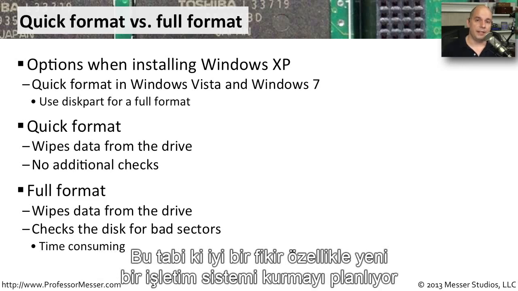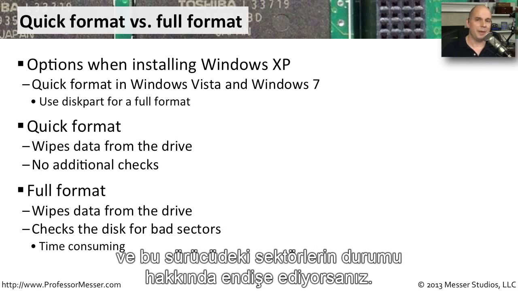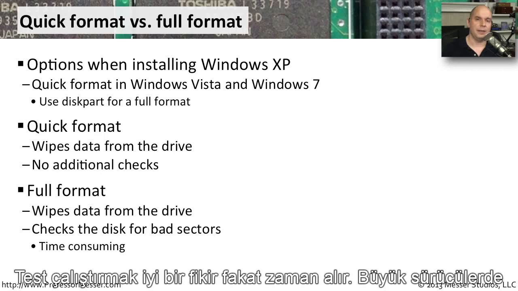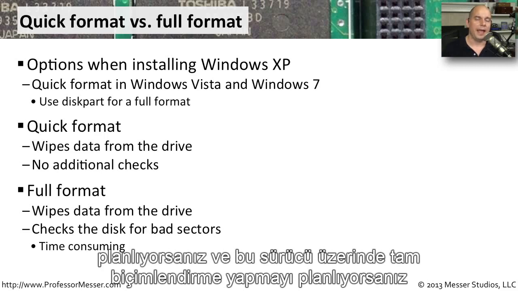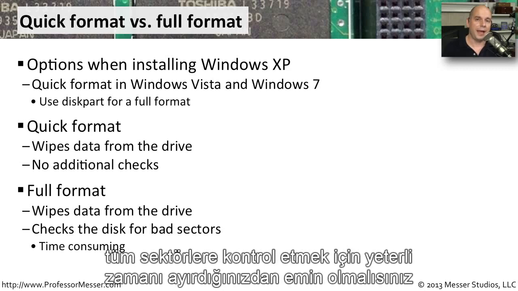This is obviously a good idea if you're planning to put an operating system and start storing files and you're concerned there may be sectors that aren't good on that drive. Running a test is a good idea, but it does take time, and the larger drives take a longer amount of time. So if you're planning to do a full format on that drive, make sure you allocate enough time to have it run through its entire test of every sector.